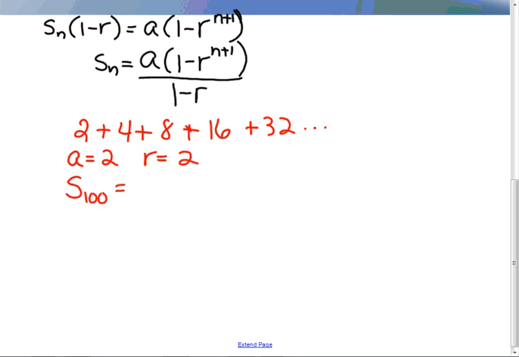So I'm going to substitute it in my little formula. So it's 2, and it's 1 minus 2 to the what power? No, it's n plus 1. 100 terms. 101 over 1 minus 2. And that would be what the answer would be.